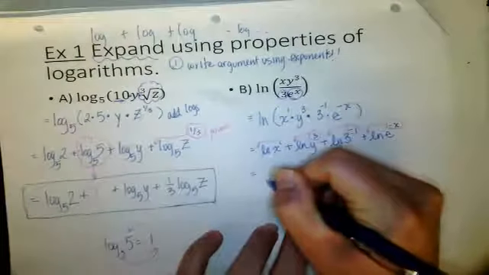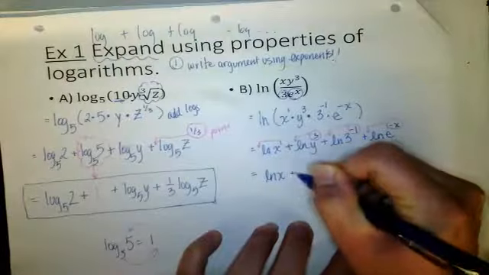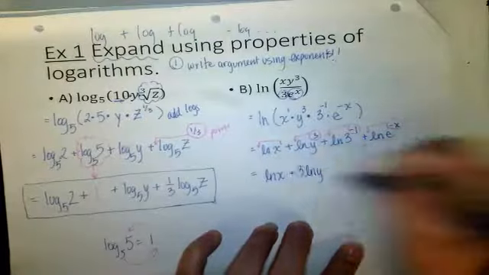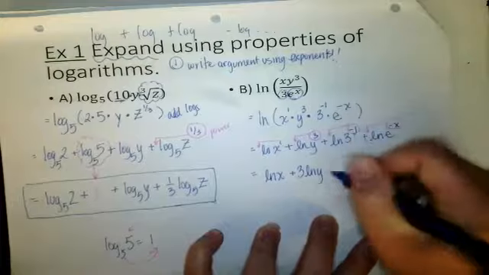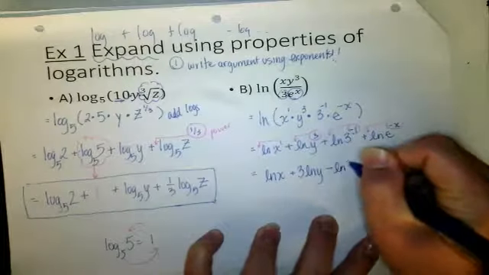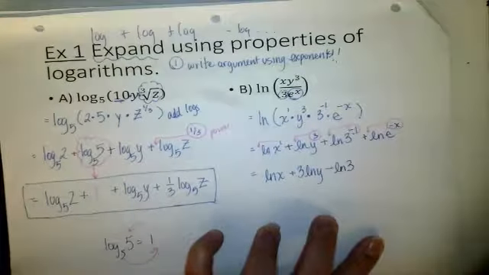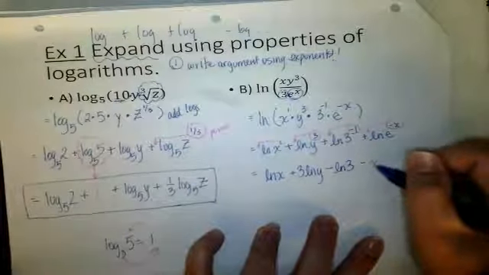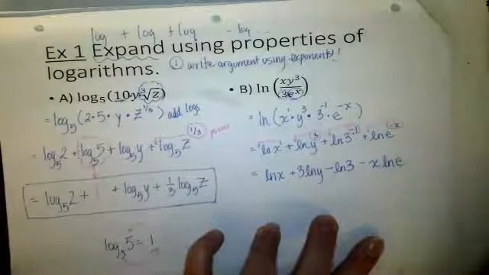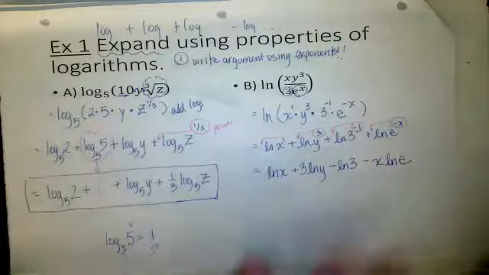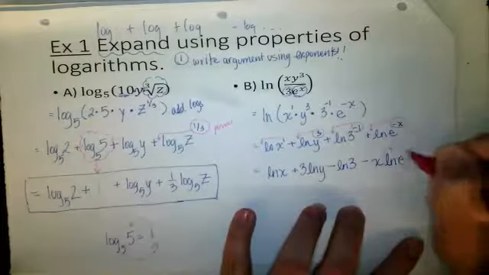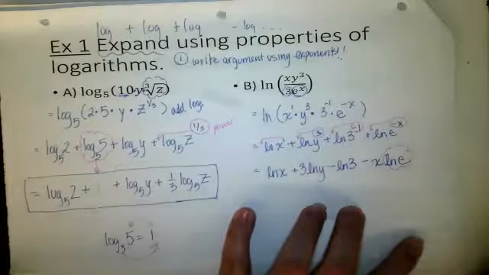So we get 1 times the natural log of x plus 3 times the natural log of y plus negative 1 times the natural log of 3, or just negative natural log of 3. And here we have negative x times the natural log of e. Is there anything else we can clean up here? Natural log of e. What is the natural log of e? 1. Why?